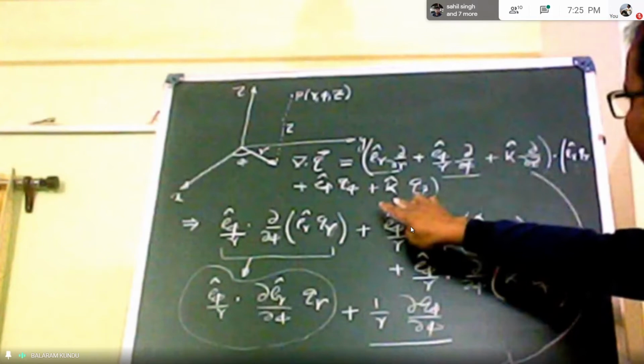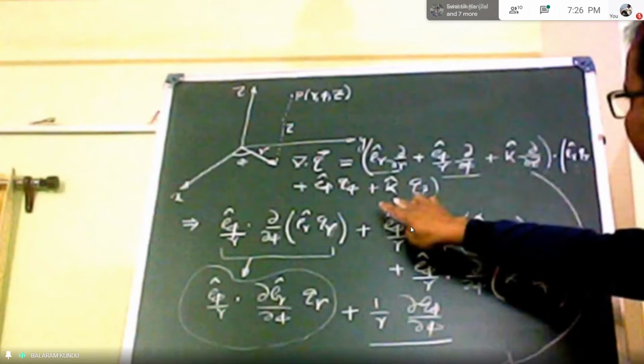Now we have to determine this term, e phi by r dot del e r by del phi. That means it is necessary to write the expression of the unit vector r, considering the position vector.